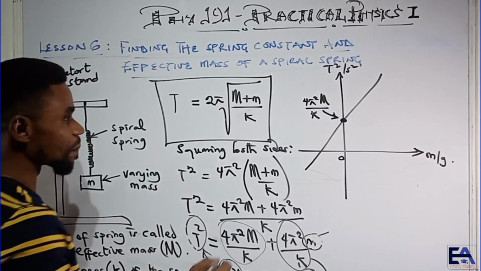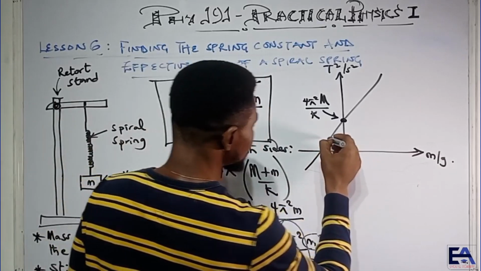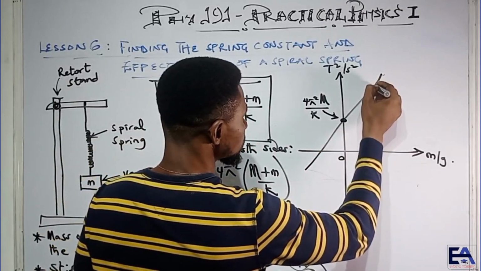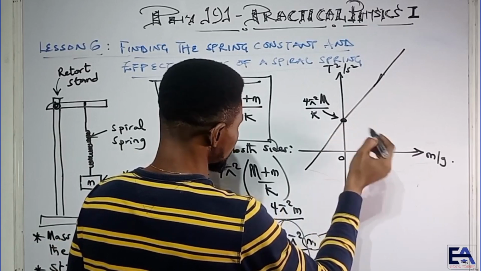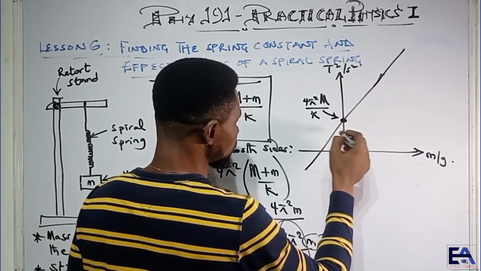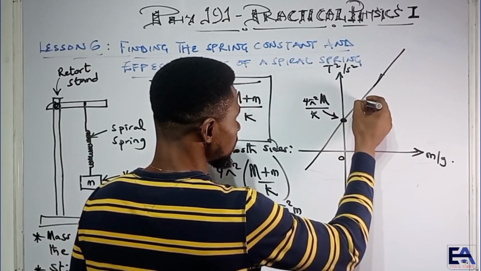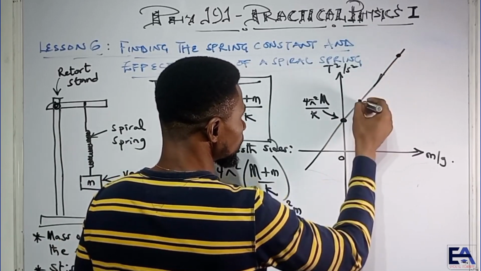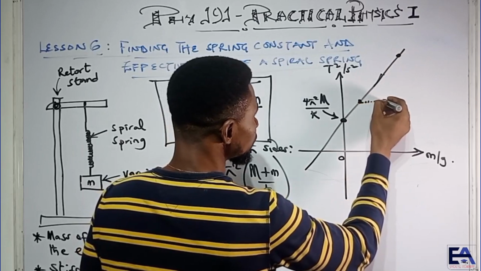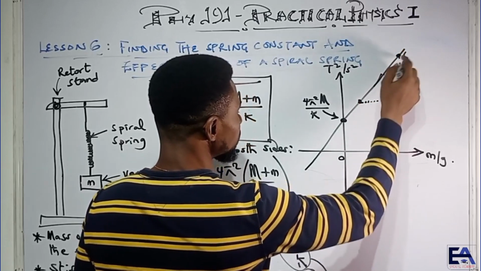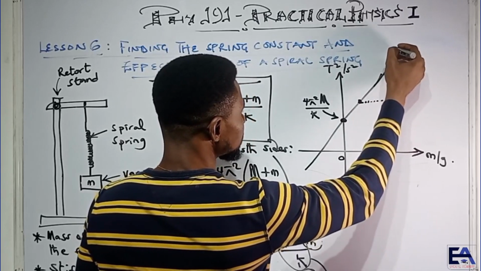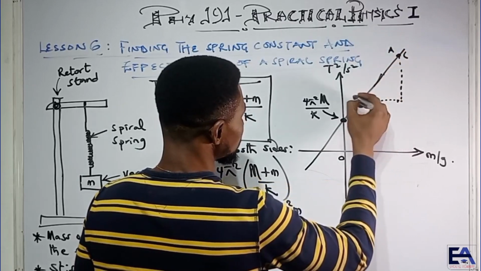Then the slope of the graph: any 2 points across the graph can give you the slope. You can draw your slope triangle, connect the 2 points, say point A and point B, anywhere.